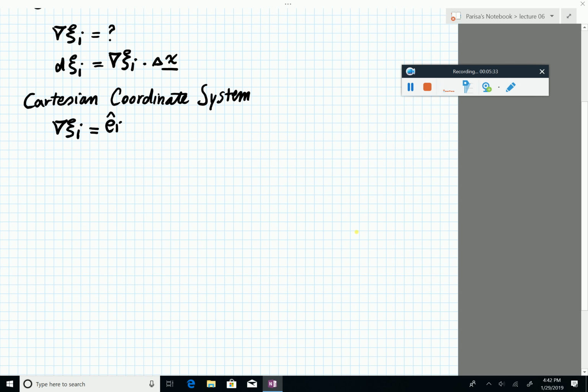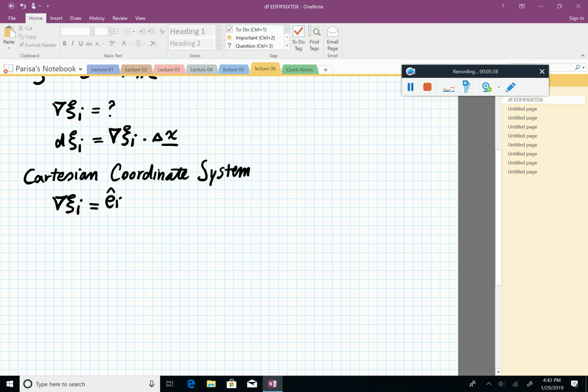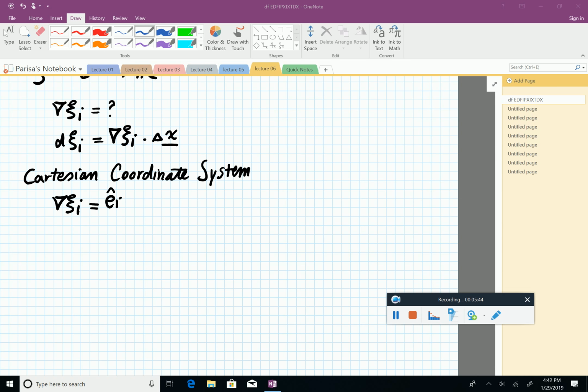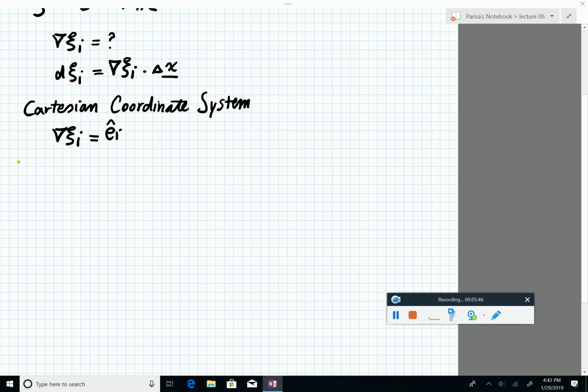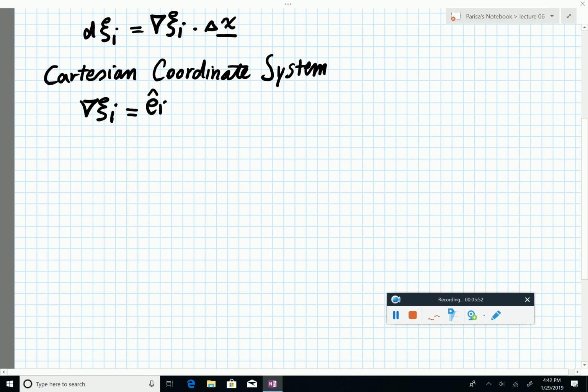So let's do what I just said. Let's start with a function. Let's consider a scalar valued function, just like before.